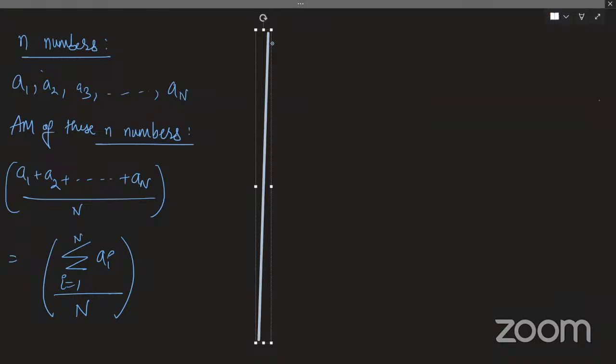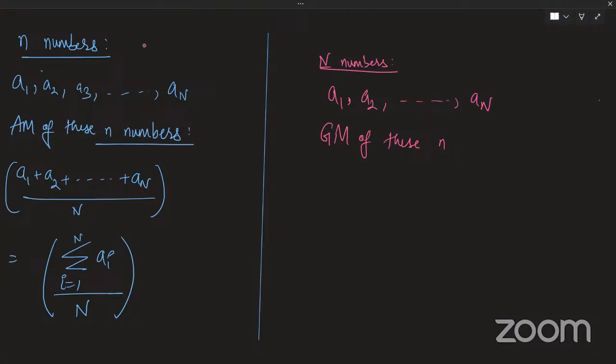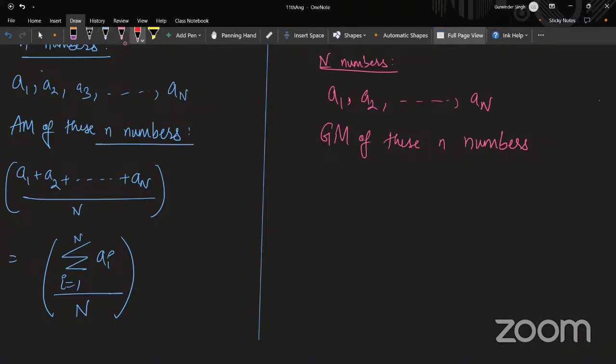Okay. Similarly, I have n numbers, a1, a2, so on till an. And I want to calculate the geometric mean of these n numbers. Now, can you tell me what is the formula for the geometric mean of n numbers?